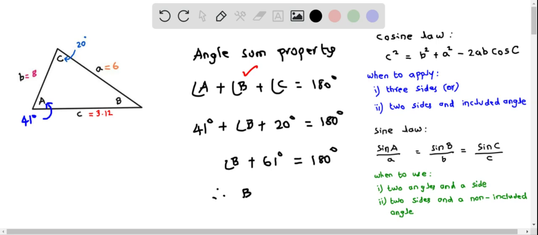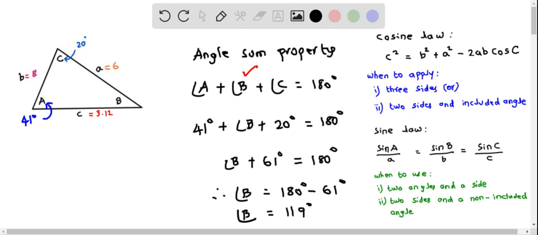Therefore angle B equals, we subtract 61 degrees from both sides, 180 degrees minus 61 degrees, and this equals 119 degrees. So therefore angle B equals 119 degrees.